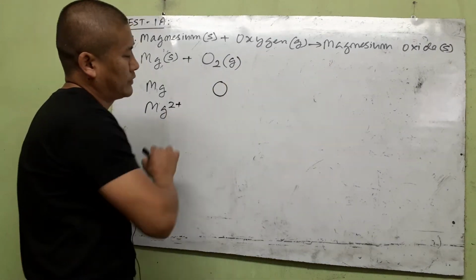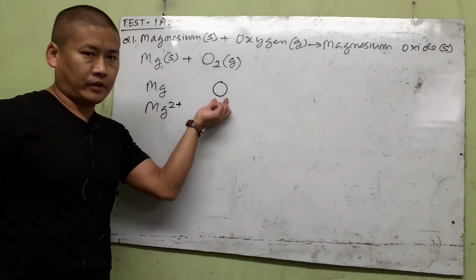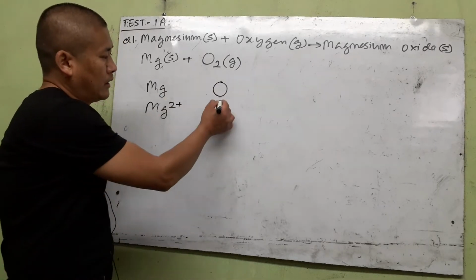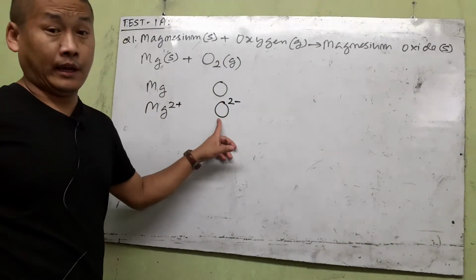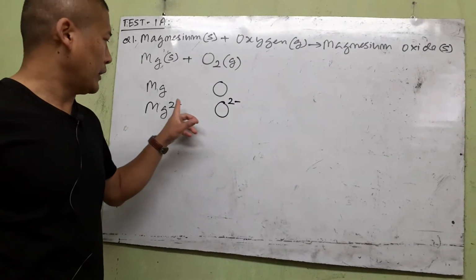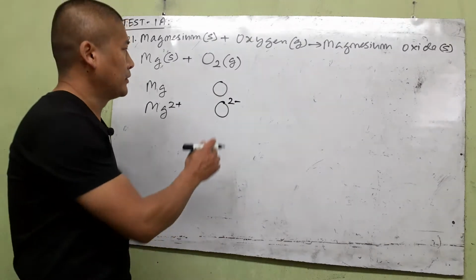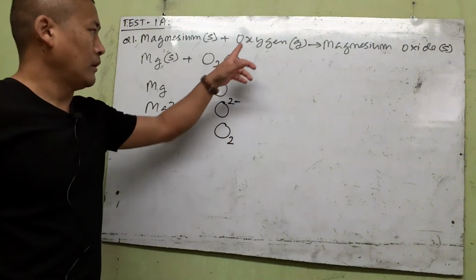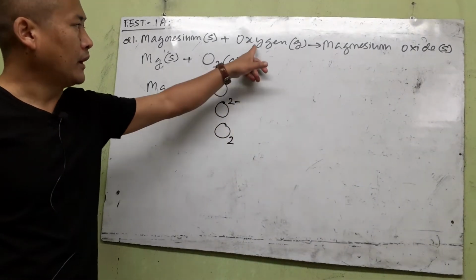When we see a symbol like this, this is called oxygen atom. Okay, oxygen atom without any charge, single. Then when we see here at the top 2 minus, that's called an oxide ion. Anything having positive or negative charge is an ion, right? And then when we see like this, this is called oxygen or oxygen gas.